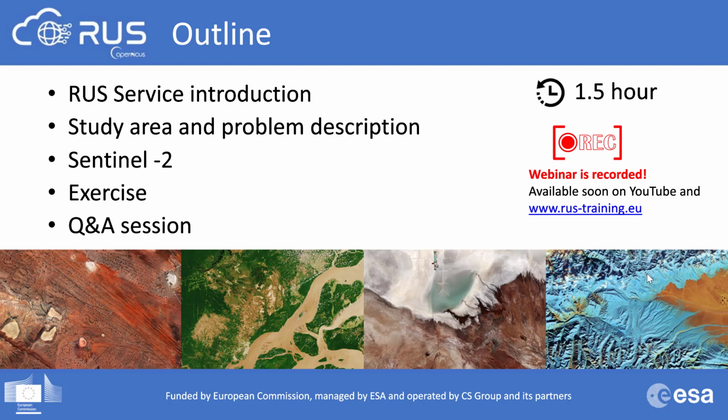Then I will briefly describe the characteristics of Sentinel-2 satellite and its products, and finally I will move to the hands-on case study to show you how this data can be used to monitor changes in surface water extent. At the end of the session, there will be dedicated time for the Q&A, so during the demonstration you can write your comments or questions in the question tab of this GoToWebinar application, and I will go through all of them at the end and try to answer to them.